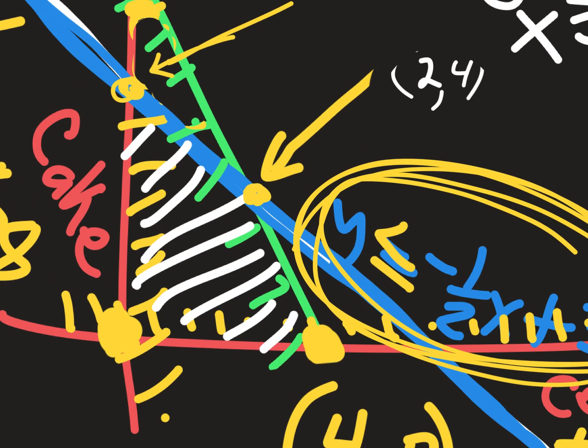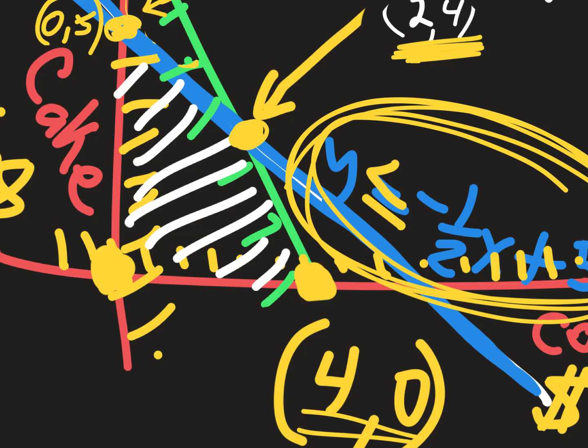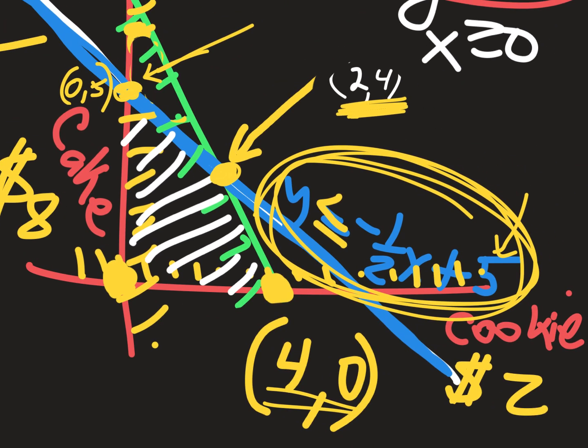Now, if that's (2, 4) for this spot, and this spot is (0, 5), and this spot was (4, 0), what makes you the most profit? Now, one of the rules on this is you have to compare at least the top two.